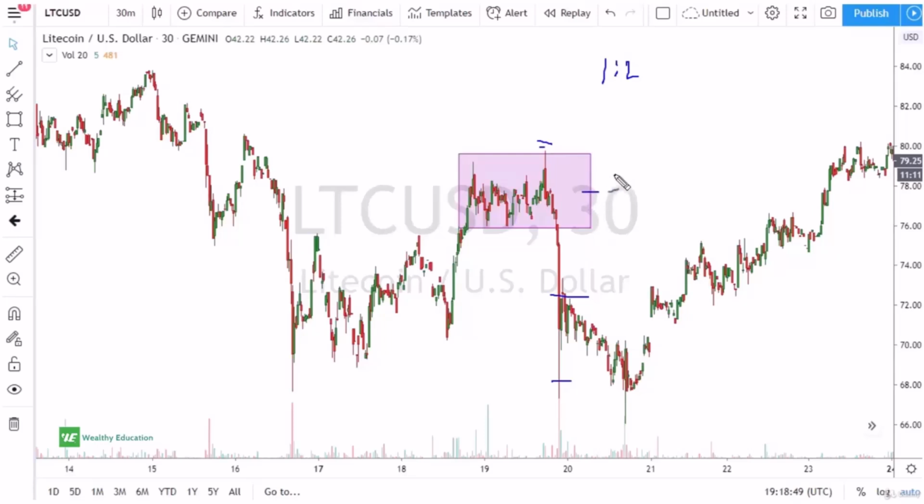An alternative is to set a stop loss at half the height and then aim for the $4 here, the height of this trade. And that gets you back to one risk for $2.